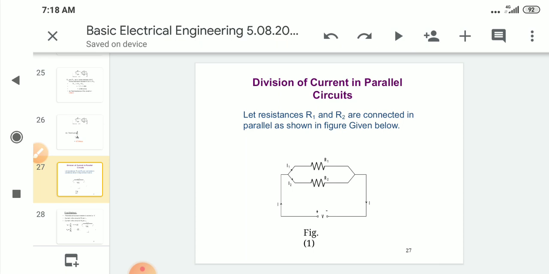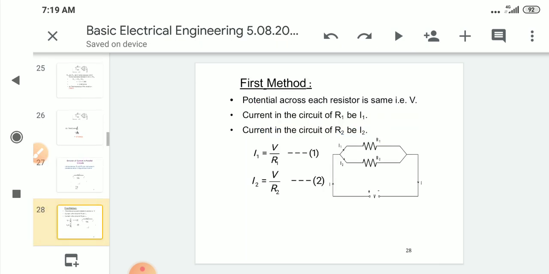So, I is a combination of I1 and I2. Let's see the different methods to solve these currents, how this total current is divided into these individual branches. This is the first method.